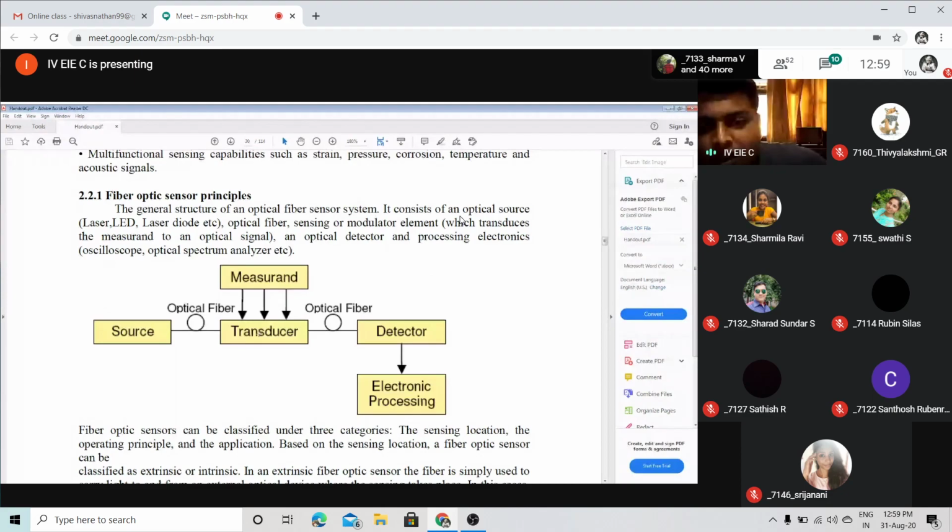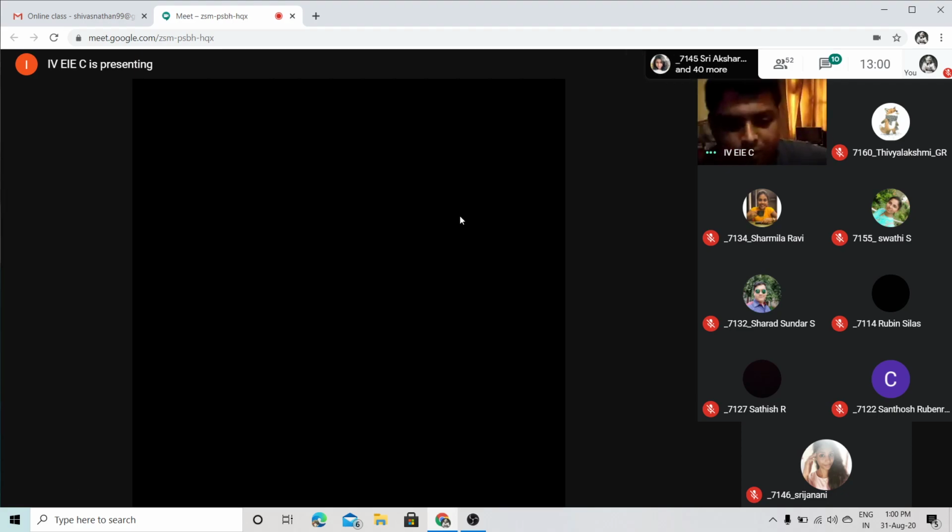Clear? For an intrinsic type of fiber optic system, the fiber optic cable itself acts as a sensor. So please understand that this diagram is for the extrinsic type. This completes the basic things that we are going to cover in unit number 2.